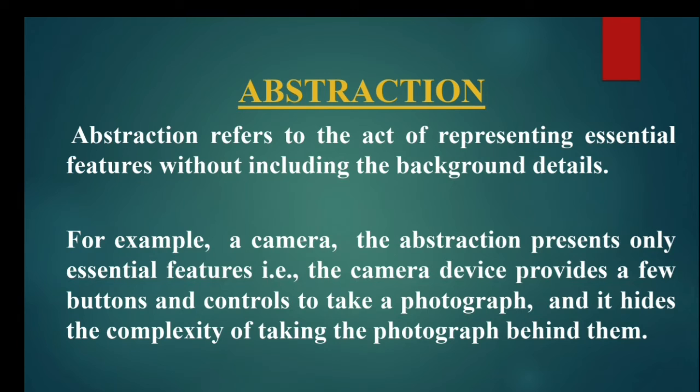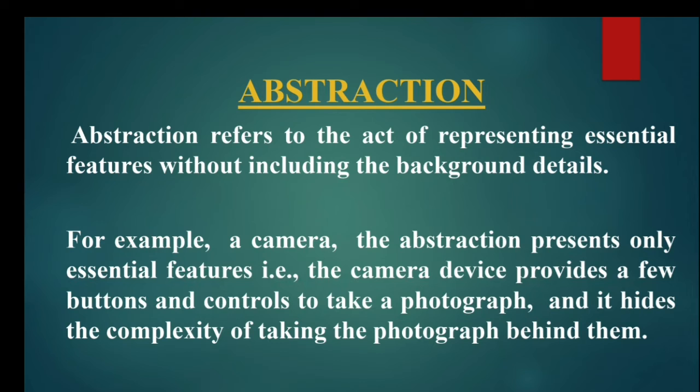That is, the camera device provides a few buttons and controls to take the photographs, and it hides the complexity of taking the photograph behind them. We are touching only the outside buttons, those are useful to take the photograph. But we are not going to see the internal parts of the camera.